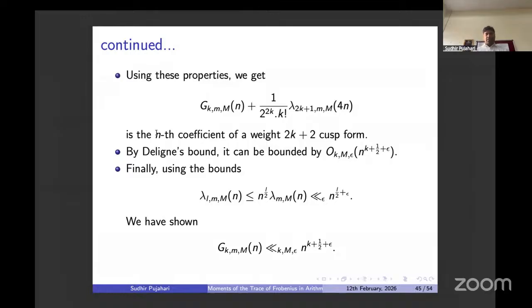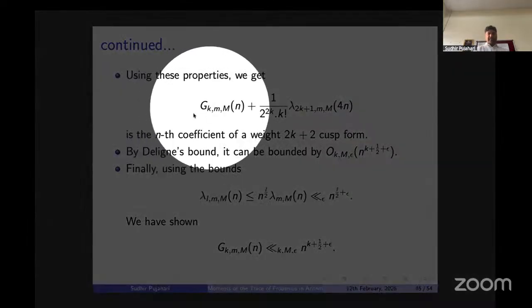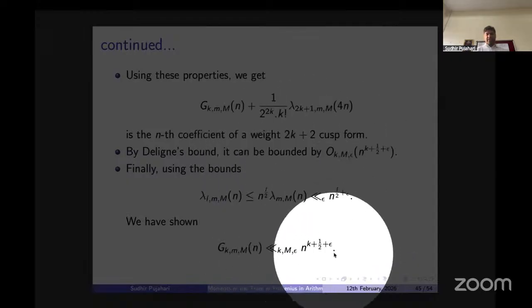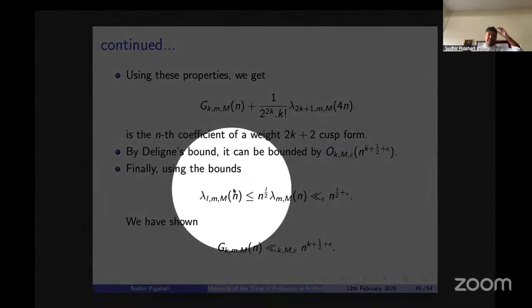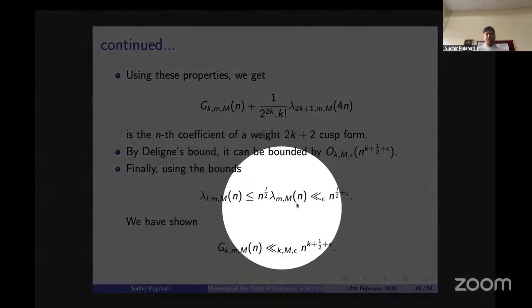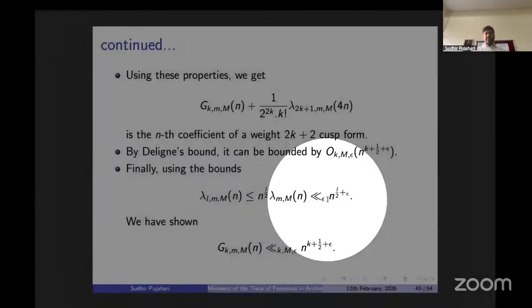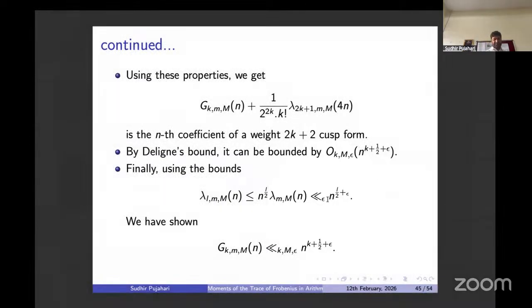But in order to show that only this quantity can be absorbed in the error term, and less than this, we can use this bound on lambda. So lambda is less than or equal to n to the power half into lambda m,n, which is less than or equal to n to the power 1 plus epsilon.